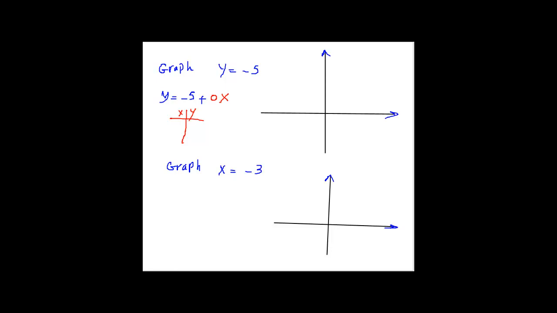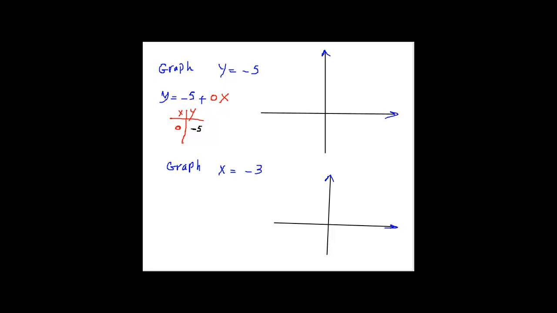If x is equal to 0, what is y? If x is equal to 0, y is equal to -5, right? If x is equal to 0, this whole thing is gone, y is equal to -5.